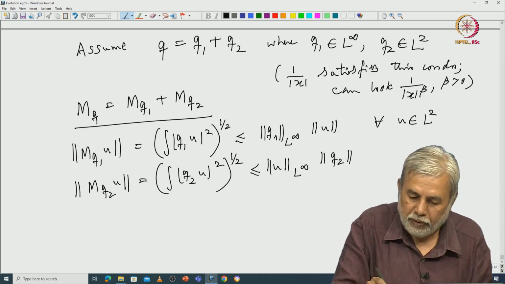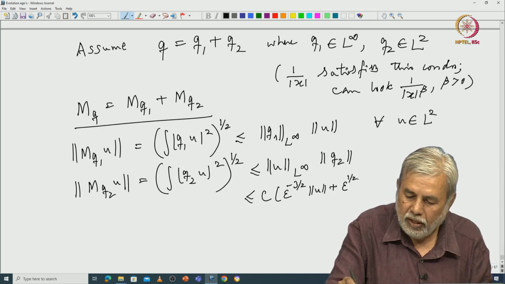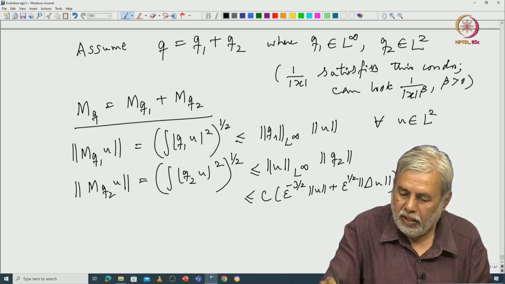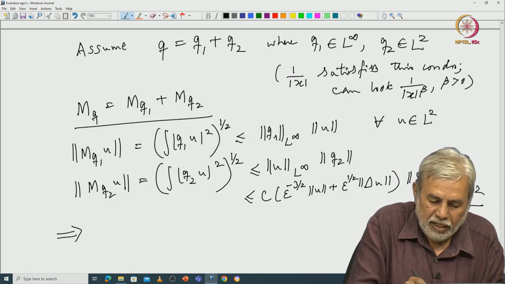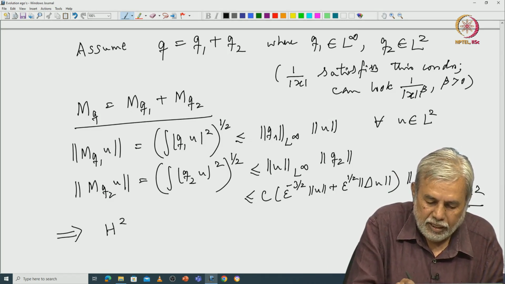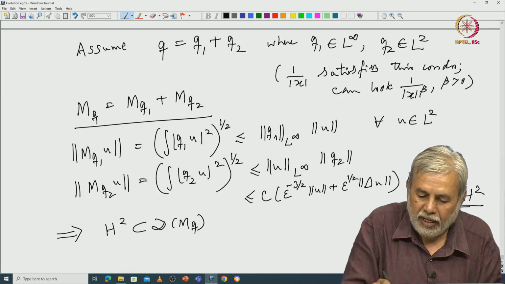And now, we have just shown that this is a constant times epsilon to the minus 3 by 2 norm u plus epsilon to the half Laplacian u, if u is in H2. And the conclusion is that H2 is contained in the domain of MQ, and we have the above estimates.